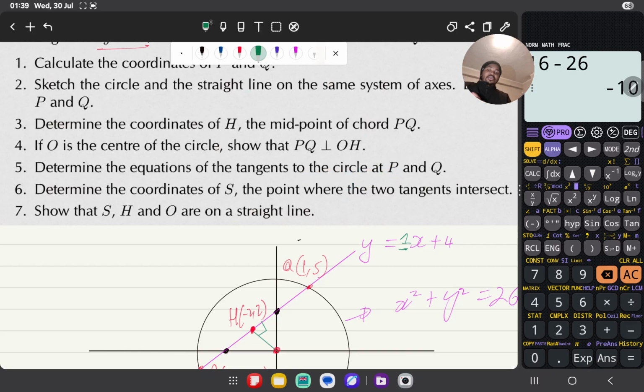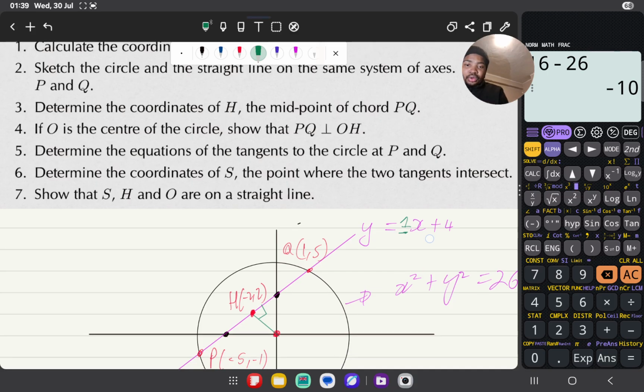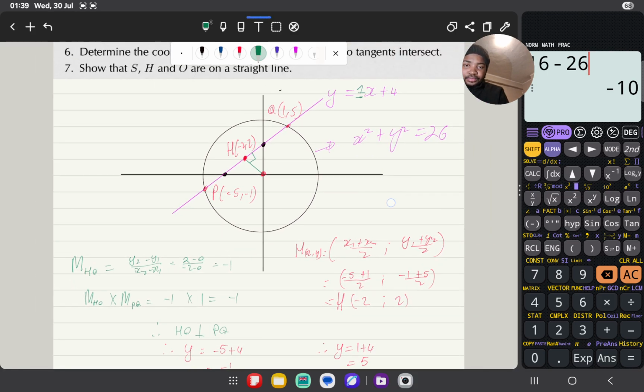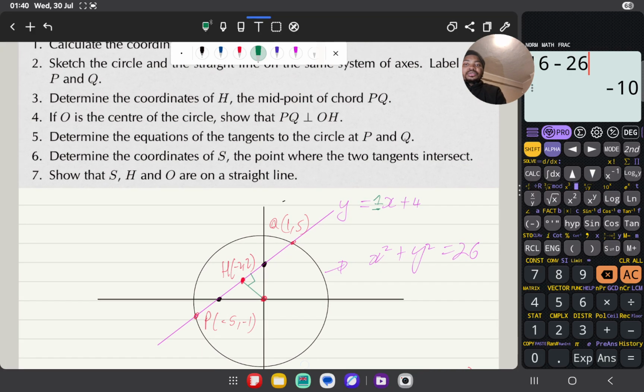Now if you want to determine the equation of the tangent at a point, I'm going to just choose randomly whether I do P or Q. You can do the other, because how you work out this question is basically the same. I don't want to make the video unnecessarily long, so you know how you are going to do that.